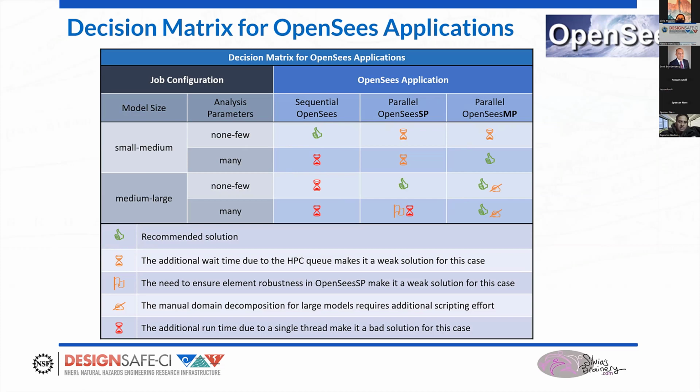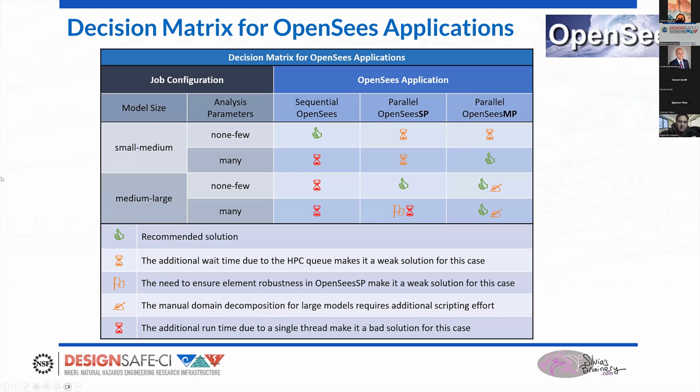It's faster, it's easier to access, there's no queues, and it just works better for you. But if you're running a lot of analyses, then maybe you should go to MP. Doesn't mean you can't do it in the other applications, but it's not an efficient use of your OpenSees resources.